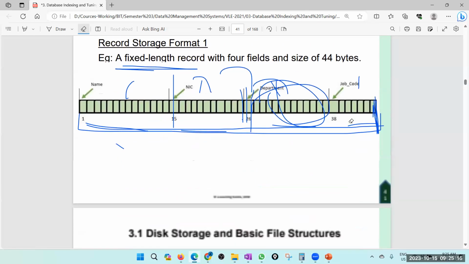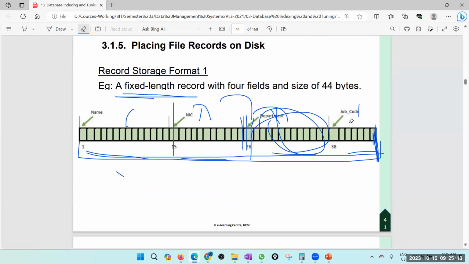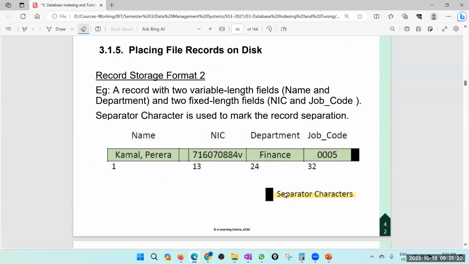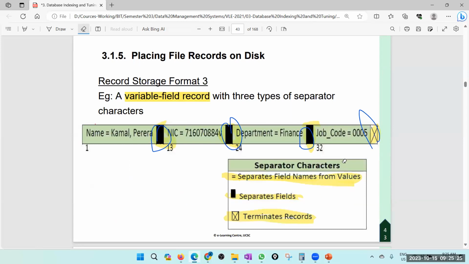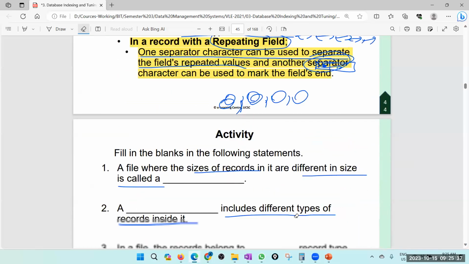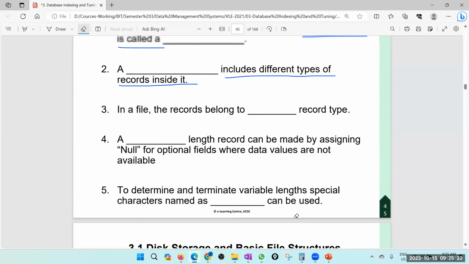I think the word they use in your notes is separator character. So these are also separators, but the field separator character is different from the separator of the record or terminator character. Different words are used. Okay. Right. So let's move on.